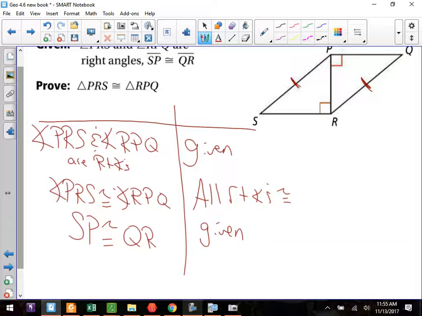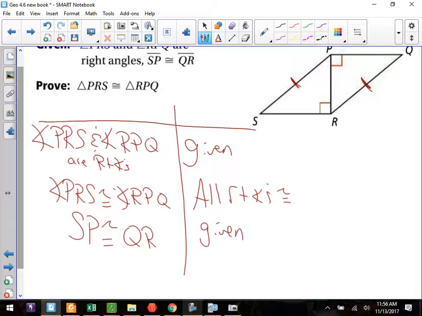One of the things hopefully you start to recognize more and more as we've done tons of these is that the better you get at marking the diagram, the quicker you'll be able to pick up on which one of the alphabet soup ways you can show it's congruent. A lot of times what I'll tell students is that when you see a right angle, always check to see if it could be hypotenuse-like, but don't always fall back on it.